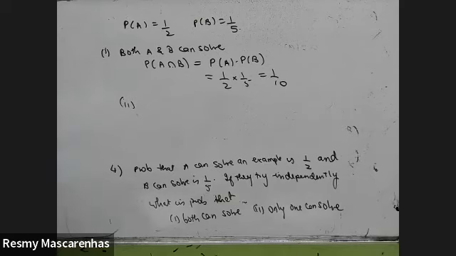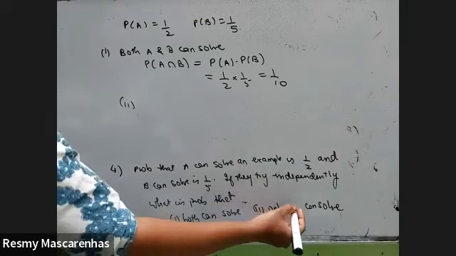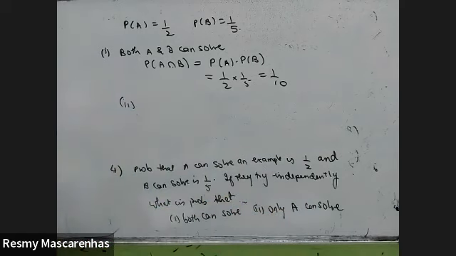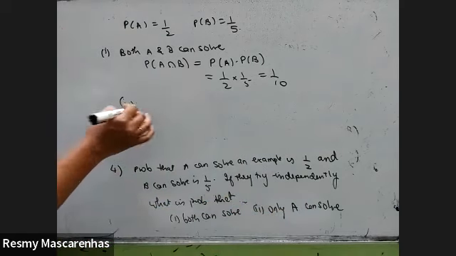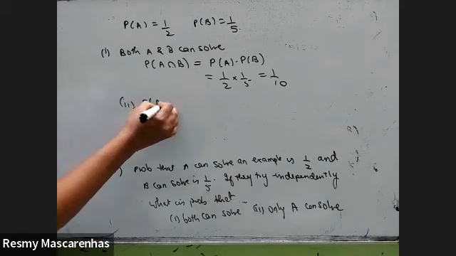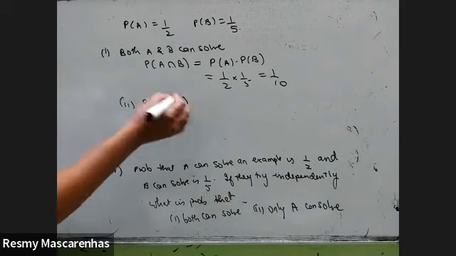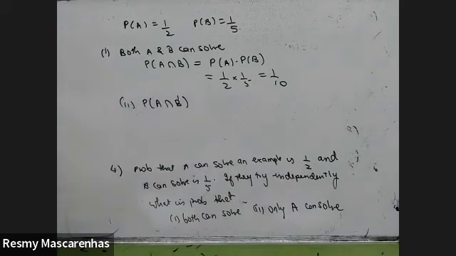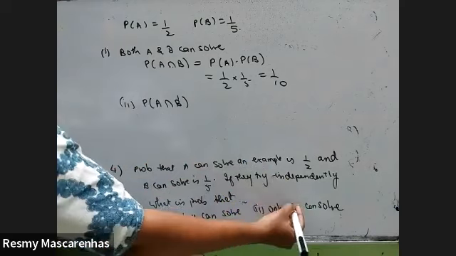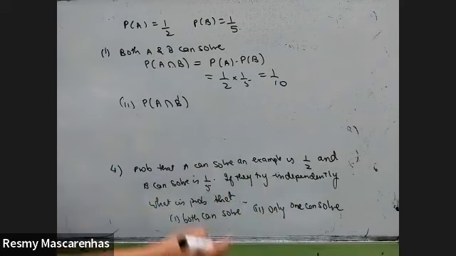This is only A can solve. Suppose only A can solve is asked, that means B is not solving. Okay, only you keep it as only one. I'll do that case also.